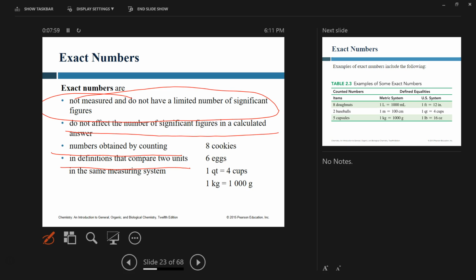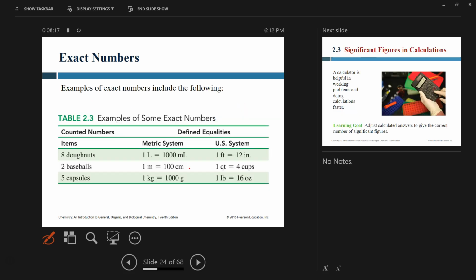We don't measure the mile, we know the definition of a mile in meters. Same way, like inch, 2.54 centimeters. Okay? Clear? Yes. Good, awesome. So those are your exact numbers.